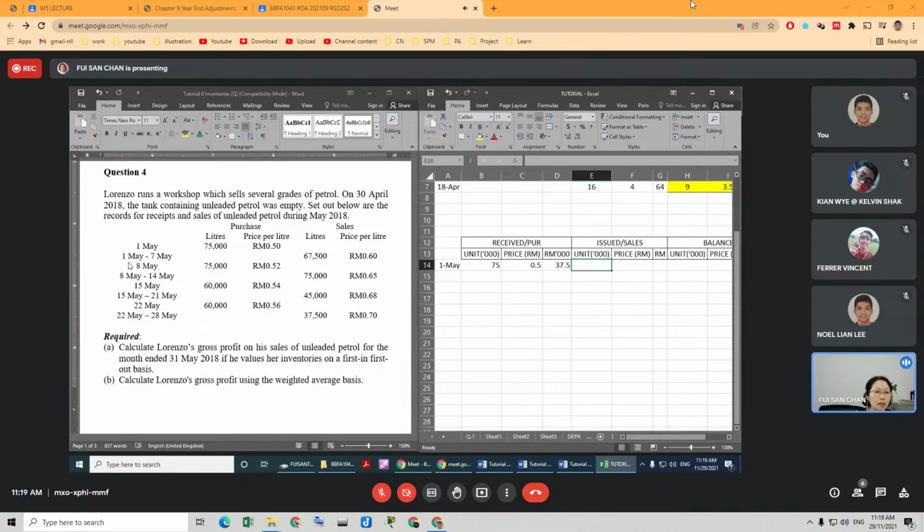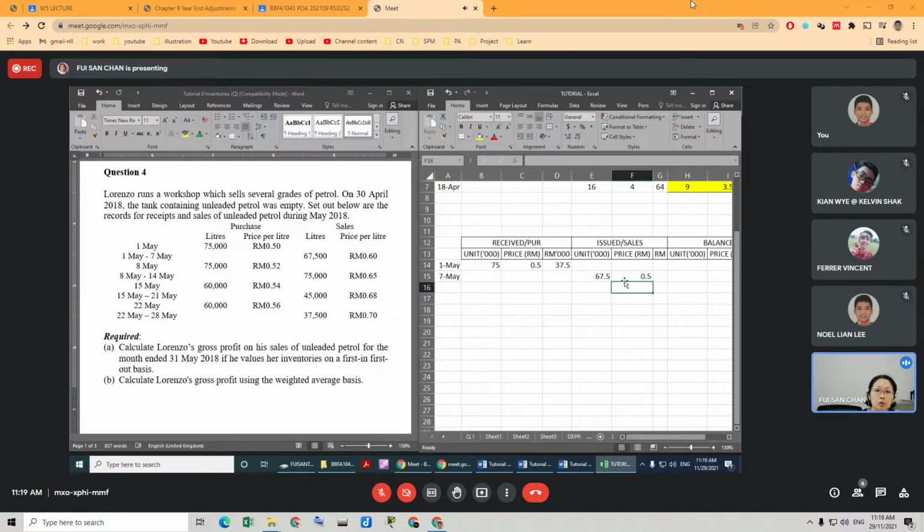And then here, after 1 week, within this week, we actually sold this much. So I put 7 May. How many liters sold? 67.5, right? This one is your selling price, but when you control your inventory, you don't put your selling price. So 50 cents, so we assume we also issue at 50 cents.